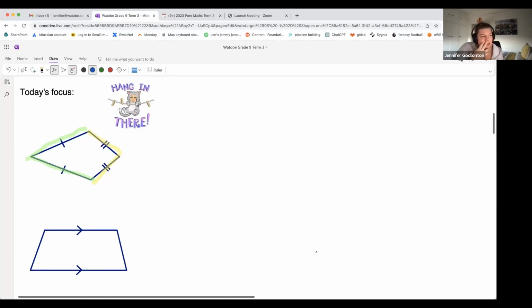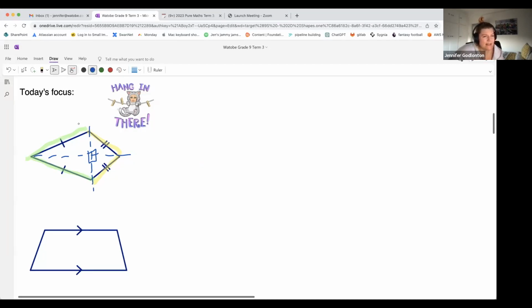So there is a 90 degree involved if we draw in our diagonals. So if we draw in our diagonal 1 and diagonal 2, then we have 90 degrees that are involved. Yep, so our diagonals bisect at 90.